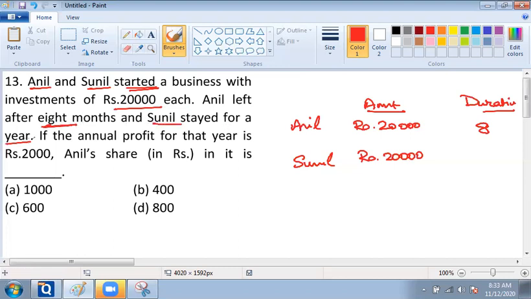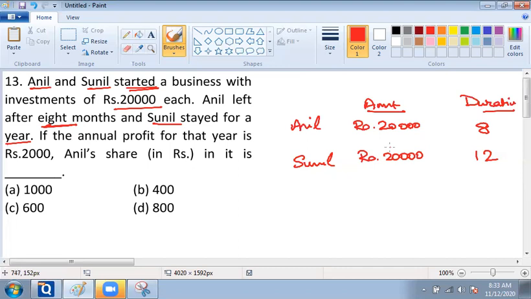Sunil stayed for a year. So the 20,000 rupees invested by Sunil is in the business for the entire 12 months.